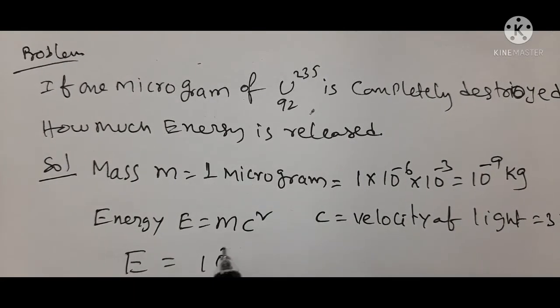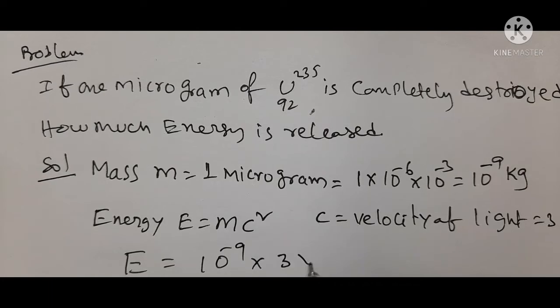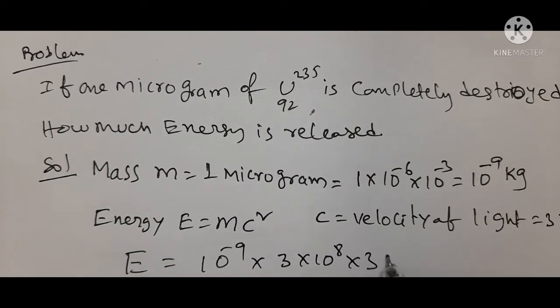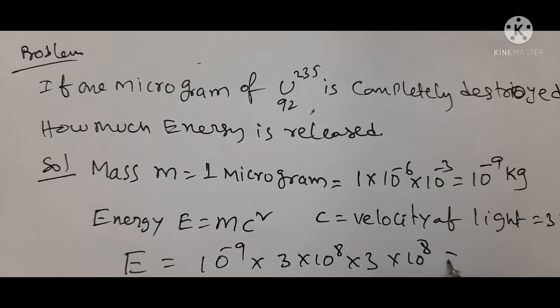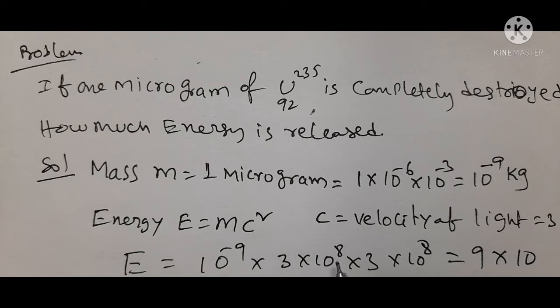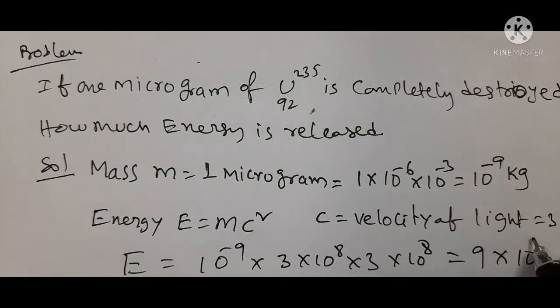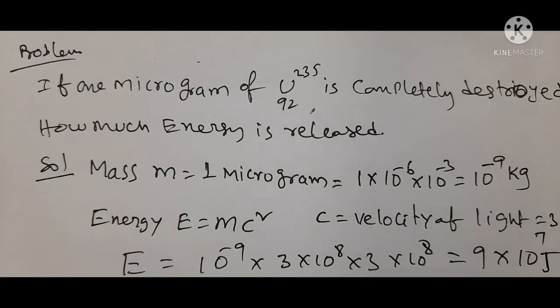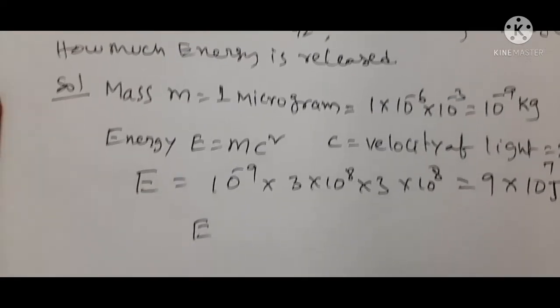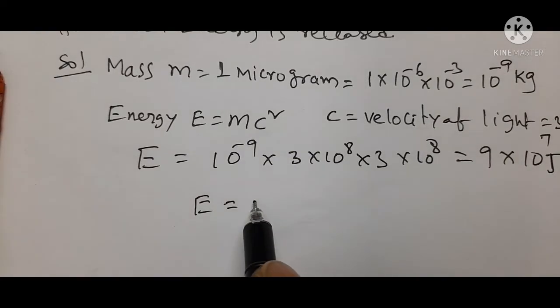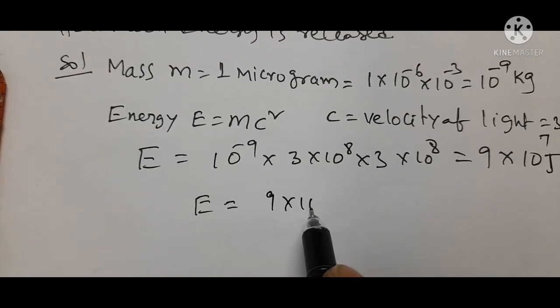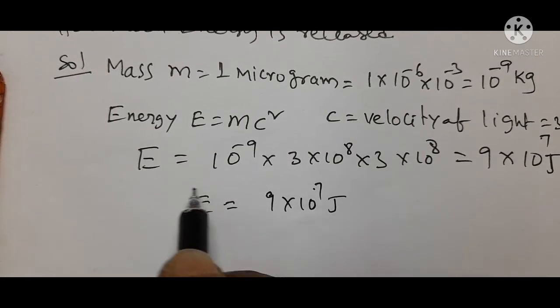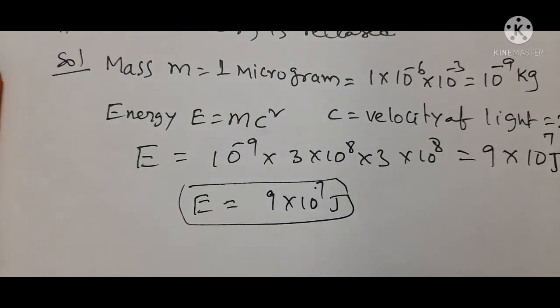E is equal to 10 power minus 9 into 3 into 10 power 8 into 3 into 10 power 8. If you calculate, 3 3s are 9. 9 into 10 power, minus 9 plus 16, you will get 7. So 9 into 10 power 7. Energy means joules. So the answer is E is equal to 9 into 10 power 7 joules. This is the attached problem it will ask.